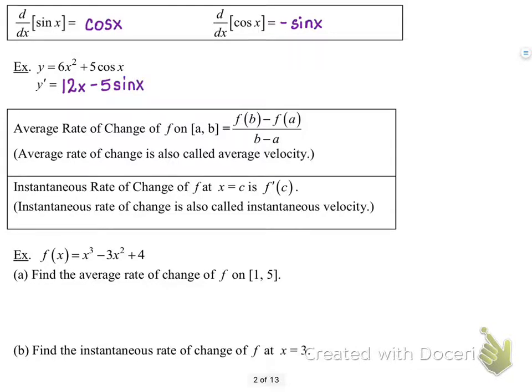And the average rate of change, this is just algebra slope. But the instantaneous rate of change is your derivative.